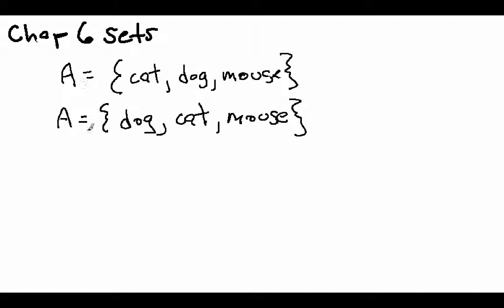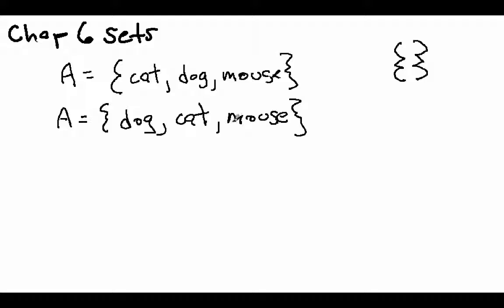These two sets are exactly the same thing. The order in which these elements appear inside these brackets doesn't matter, and we have to be very careful here. These are these kind of brackets because we're going to be using other brackets to represent other things.